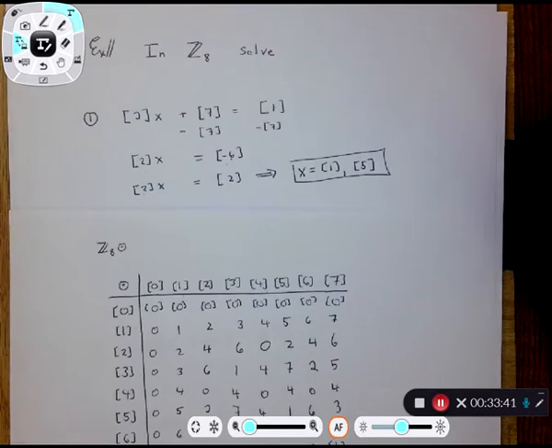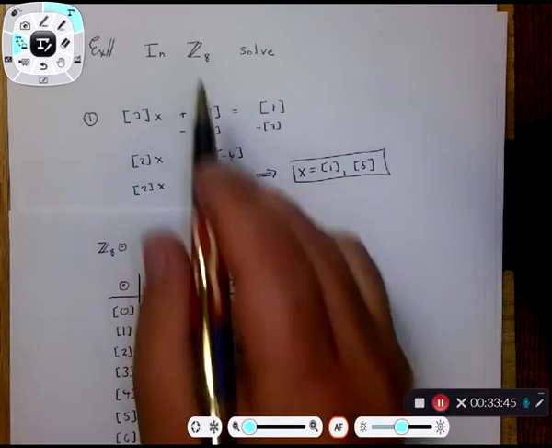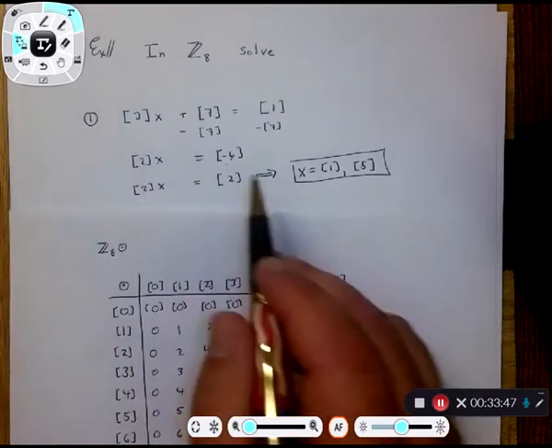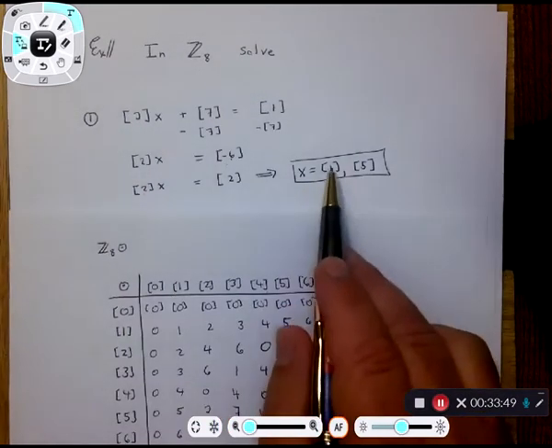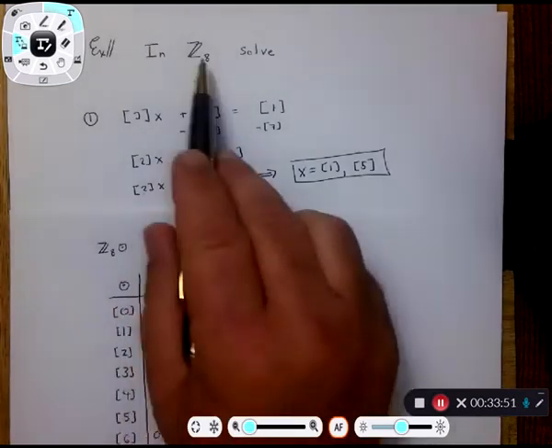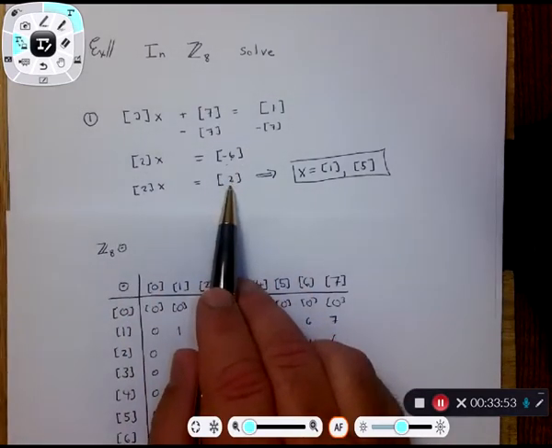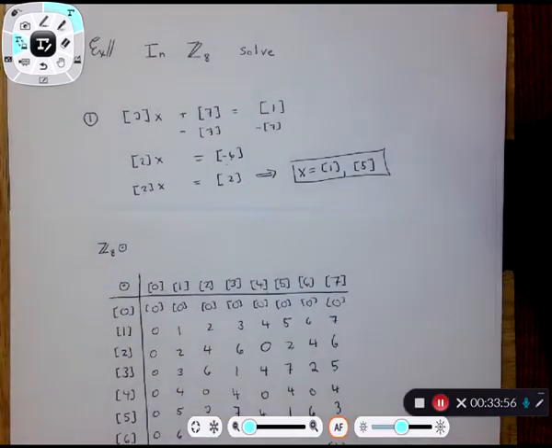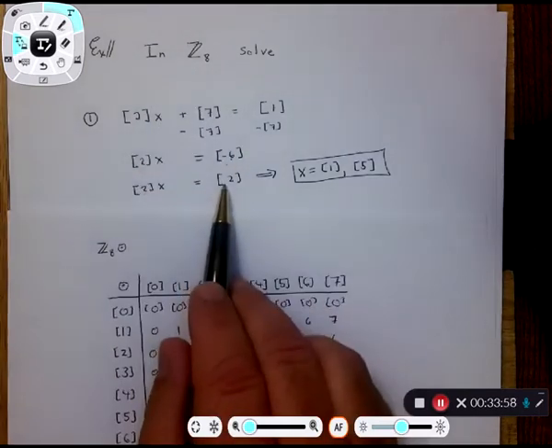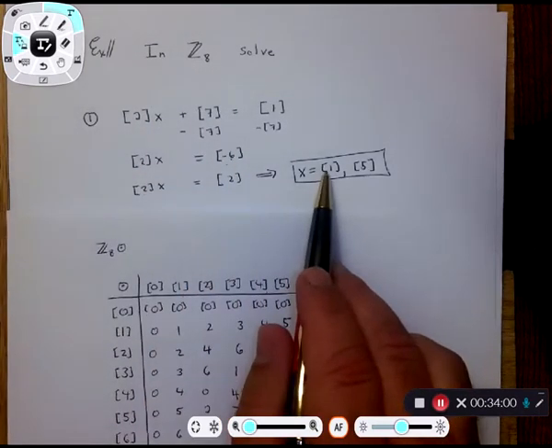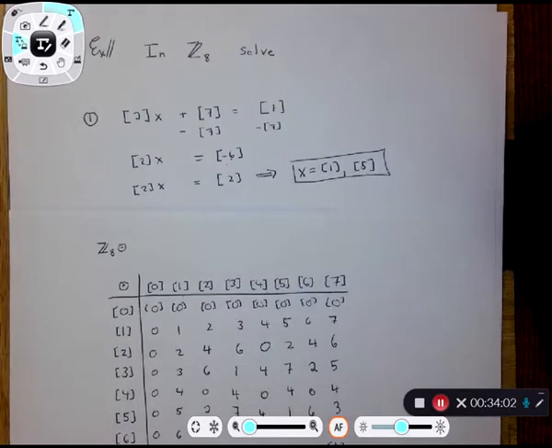What's the GCD of 2 and 8? It's 2. And since that GCD 2 divides 2, that tells me the GCD being 2 is going to give me 2 solutions. Now, if the GCD doesn't divide the b number over here, then the answer is going to be no solutions. But 2 does divide 2, so the GCD itself tells you the number of solutions you're going to get. That's what the theorem tells you.